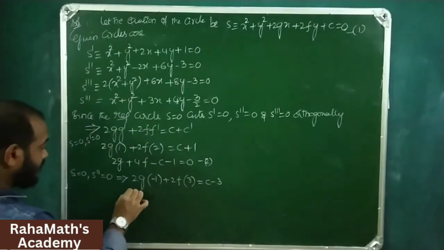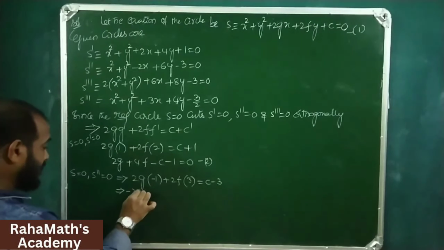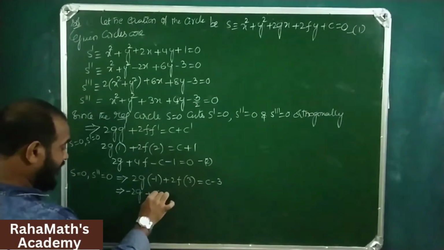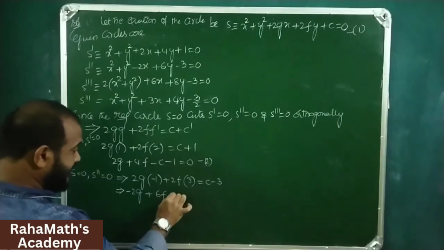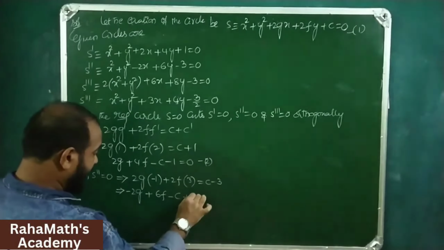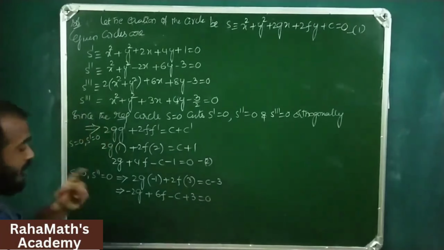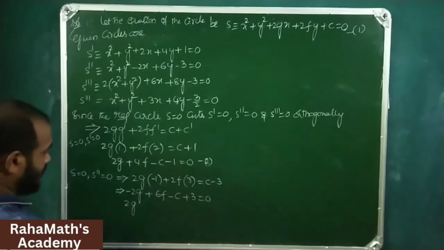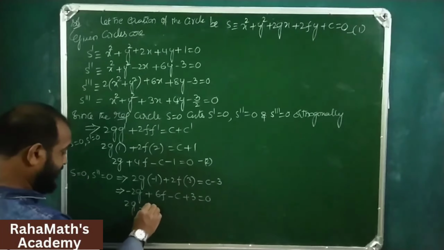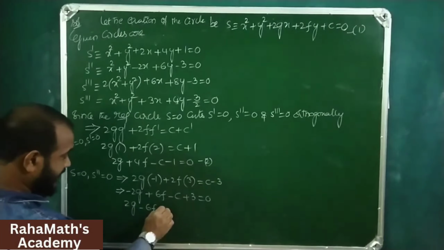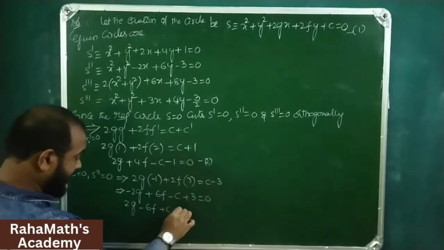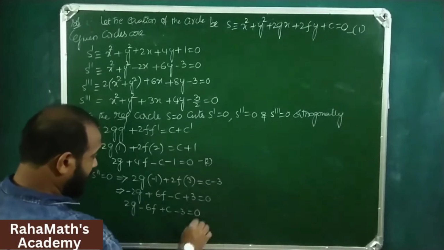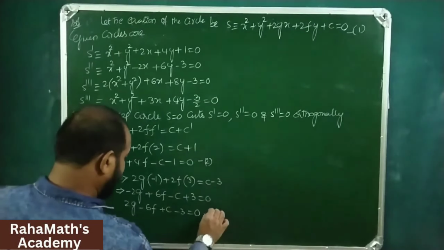This is minus 2G plus 6F minus C plus 3 equals 0. If I take minus in common, we get 2G minus 6F plus C minus 3 equals 0. Let us take this to be the third equation.